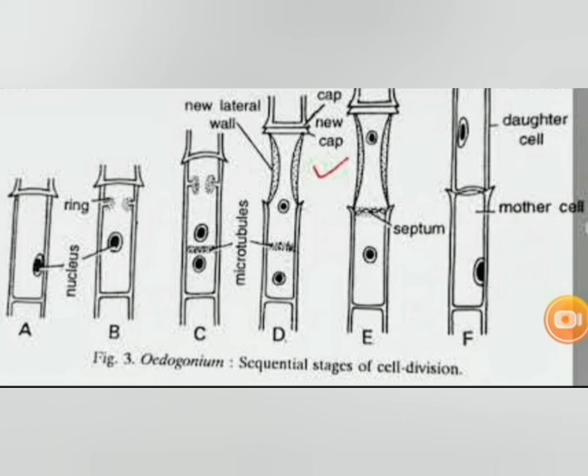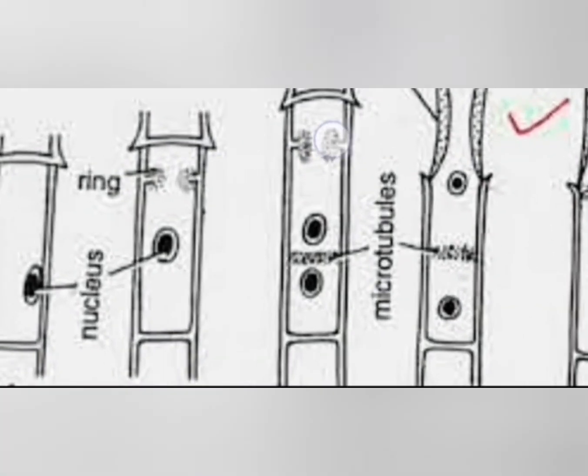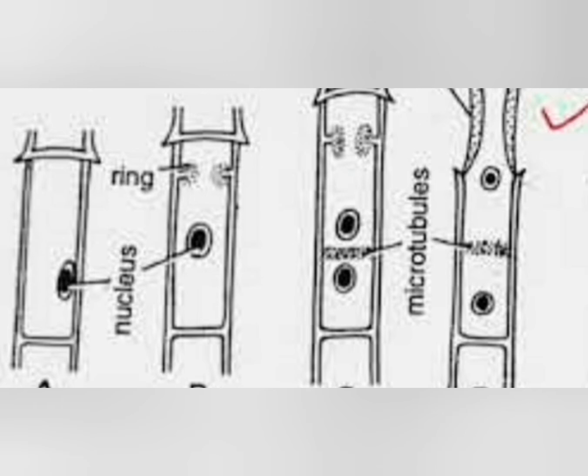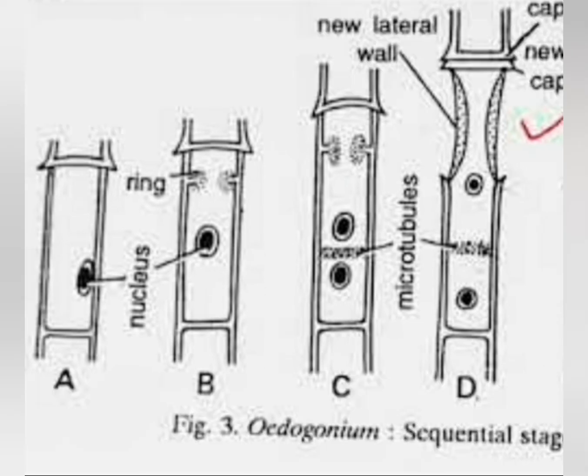Initially, the nucleus becomes shifted from the peripheral position, as you can see in figure A. It is present in the periphery, right?